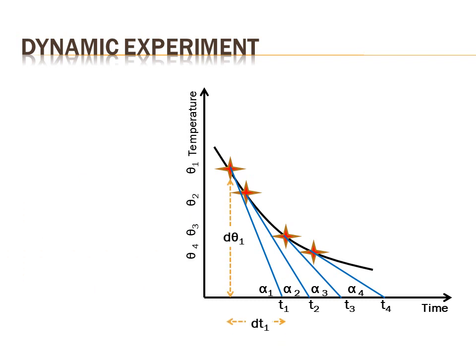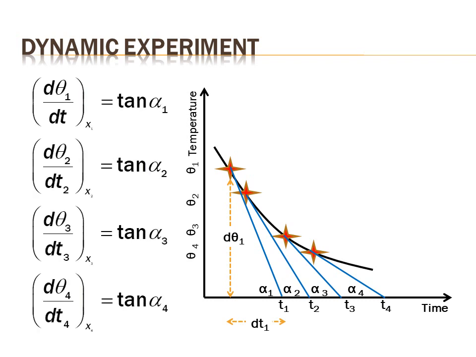We obtain tan alpha 1 to be d theta 1 by dt 1. Similarly, tan alpha 2 is given by d theta 2 by dt 2, tan alpha 3 by d theta 3 by dt 3, and tan alpha 4 by d theta 4 by dt 4. These values are listed here.